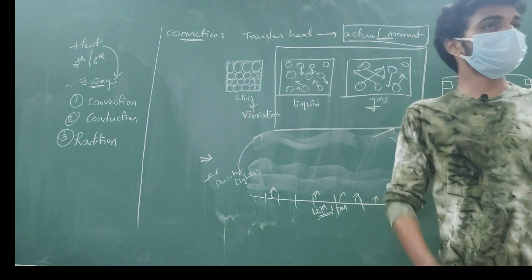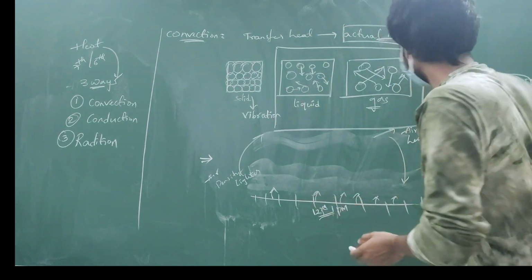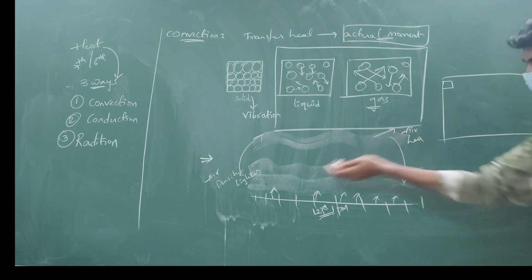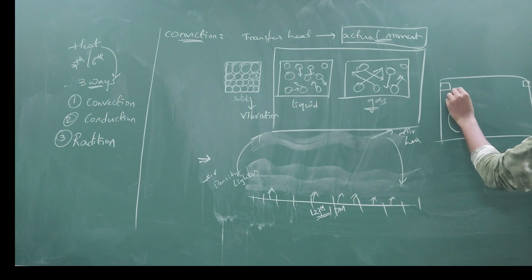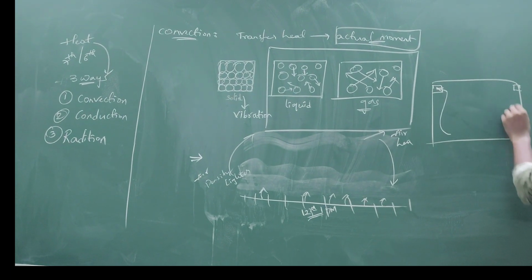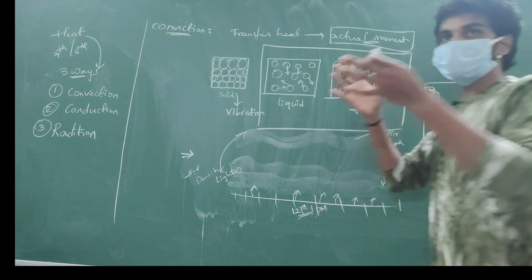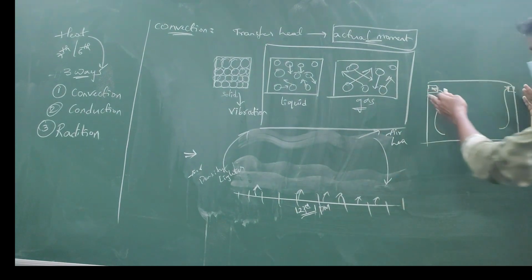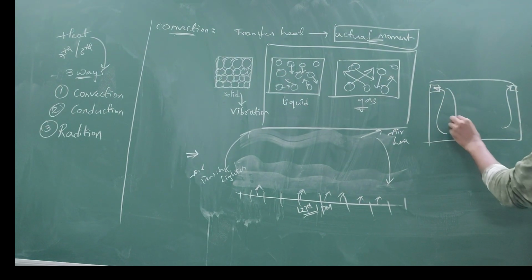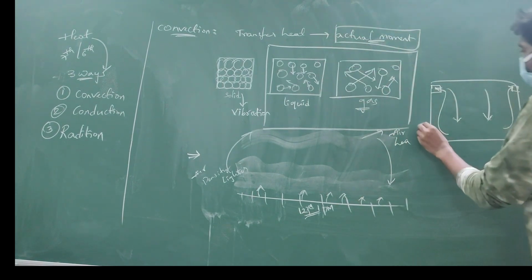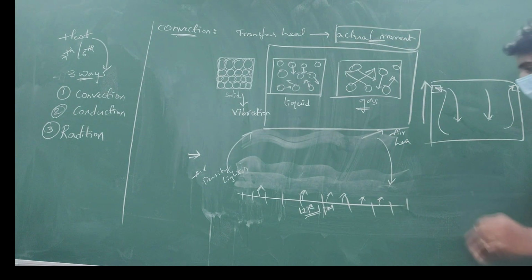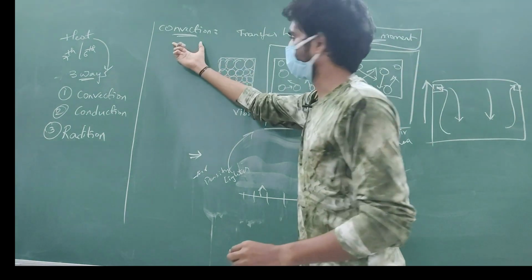They provide ventilation areas. In this case, the hotter air, the lighter density air, moves to the top and escapes from those ventilators, right? If that air gets blocked, what might happen? You tend to feel the hot air, and the room temperature becomes more. So this is one example of convection.